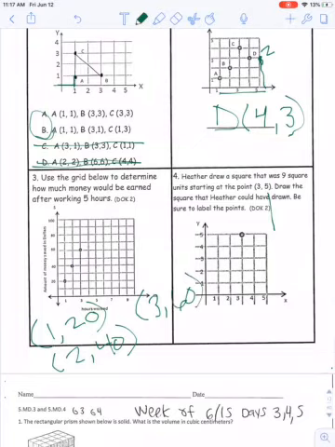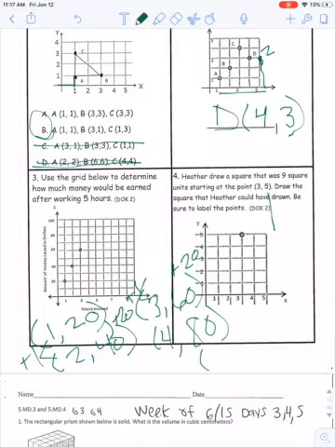So before I can get to 5, I know I need to get to 3. So I see with every 1 added to the X, there's 1 more. So with 4, I know it's going to be 1 more. And with every 1 added to the X, I see that the Y value goes up 20. So I know from 4 to 5, add 1 to the X, 20 to the Y. See my pattern there?